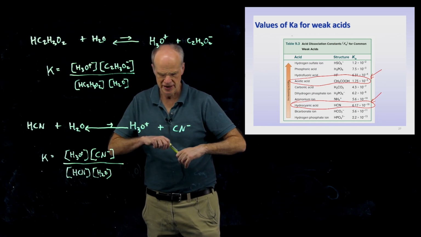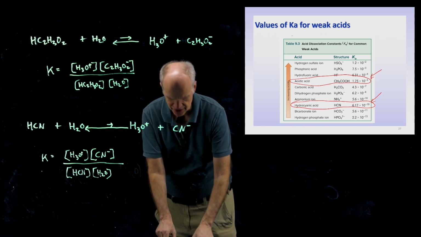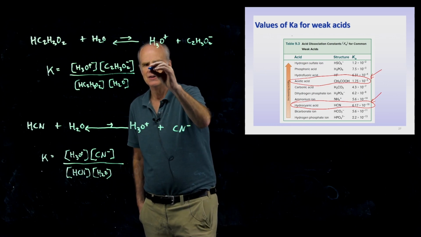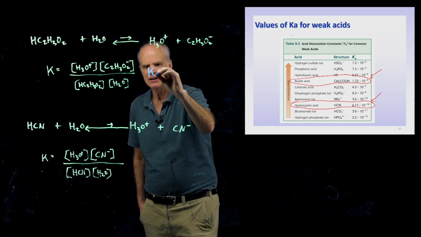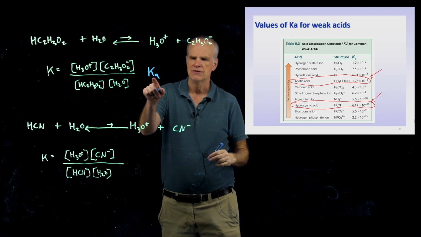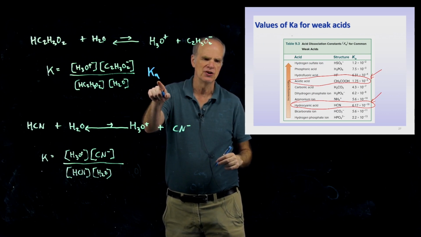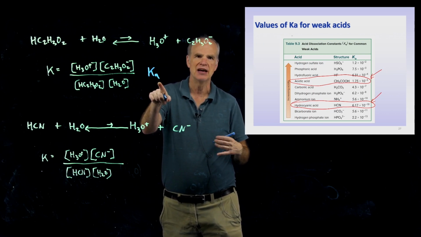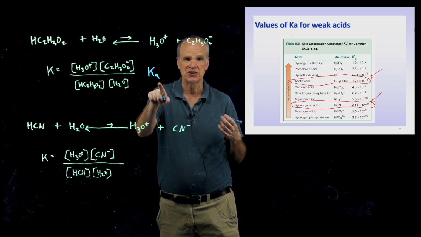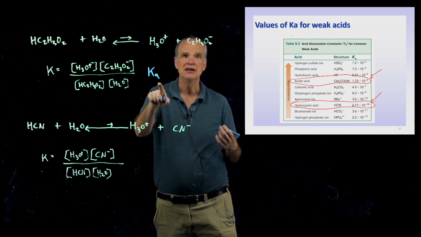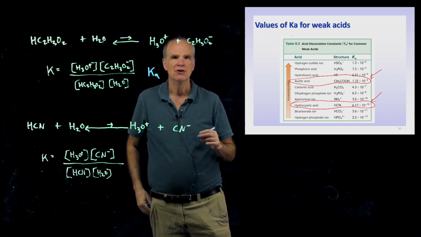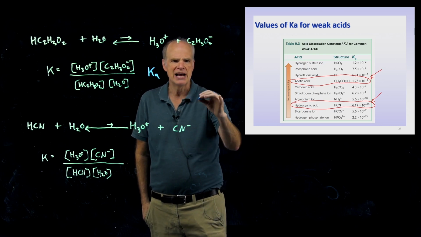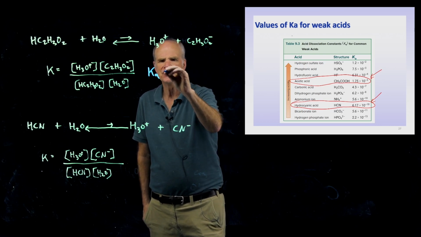Now, let me go ahead and write an expression for Ka. It's a little different. It's basically K with a little a. The a means that this is an expression that you can write specifically for acid reactions. So here we go. Again, it's products over reactants, but with a slight change.